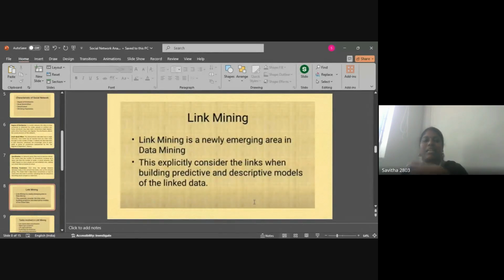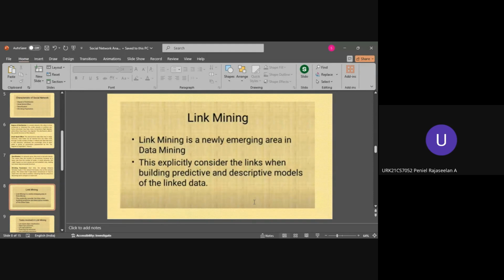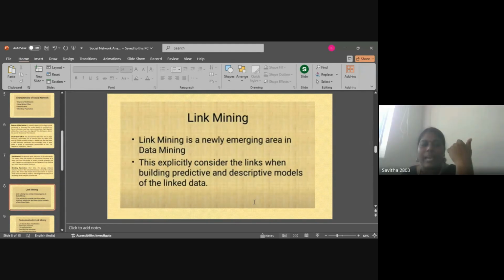Then link mining. A link is basically the likes, views, or follows, and mining those is link mining. So we can analyze the data inside a social network by using link mining also. Link mining is an emerging area in data mining.